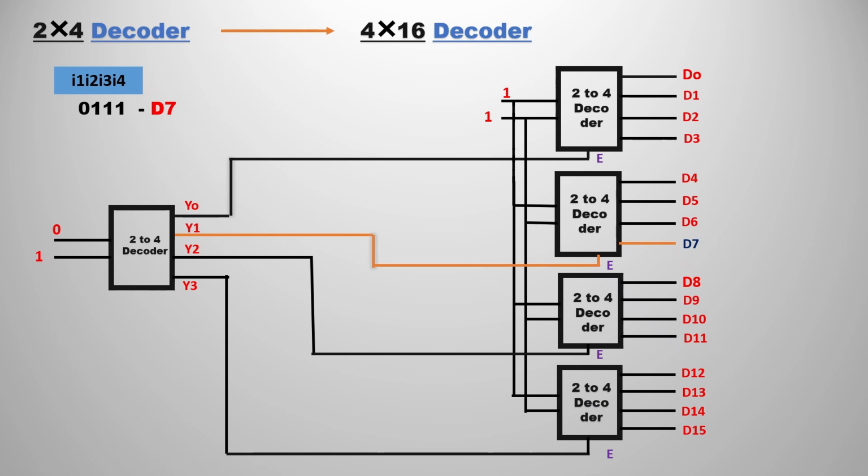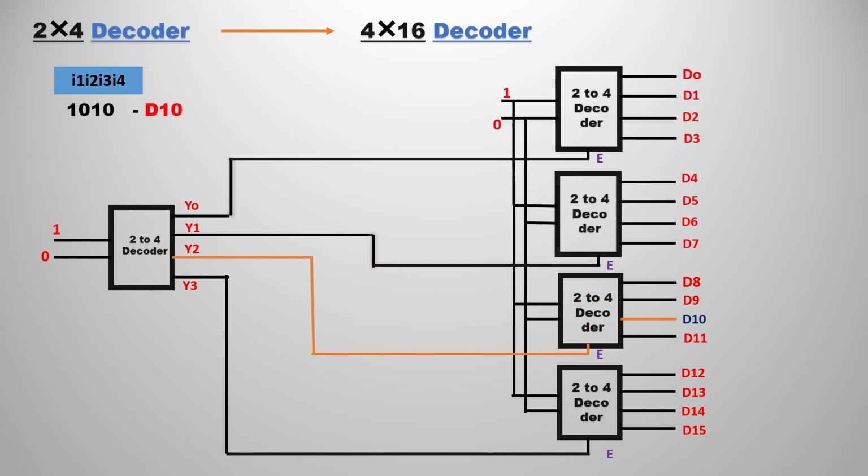In the second decoder, I3, I4 is 11, and 11 means the last term, D7, will be selected. The remaining 3 decoders will be intact because the enable line is 0 for the remaining 3. I already said when enable is 0, it will not work; only when enable is 1 will it work. Enable is 1 for the second decoder only. So in the second decoder we are passing 1, 1, and the output would be D7, that is the fourth term.